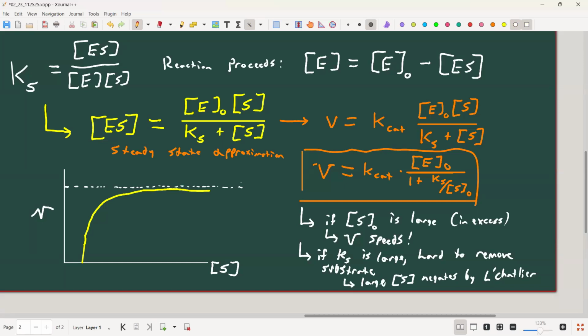And the reason why the rate tapers off is because you run out of enzymes, right? The idea is down here, you have more enzymes than you have substrates, right? So you have lots of registers open, the substrates can come in, do their job. And the more substrates you bring in, the faster you can process them because you have lots of open registers. It's like Walmart on Black Friday, they got all the registers open for once.